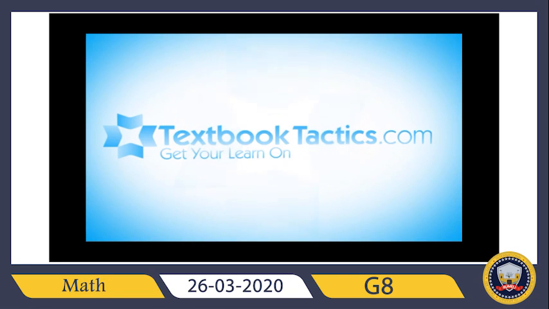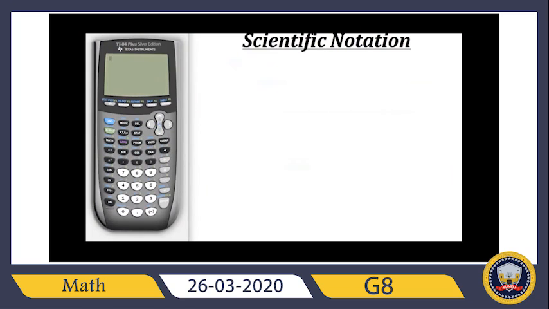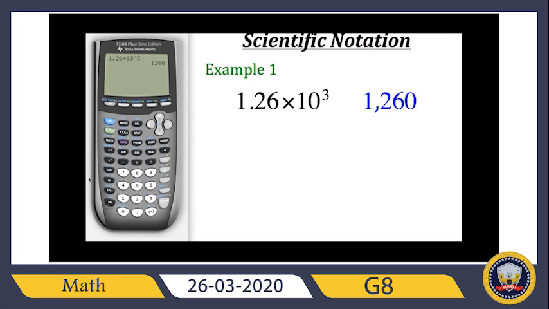This is a tutorial on how to use a calculator to do scientific notation. Let's start with our first example. Here we have 1.26 times 10 to the third power. Now if we wanted to see this number when it's not in scientific notation, we would normally just do the 1.26 and then times 10 raised to the third power, giving us 1,260 as a result.